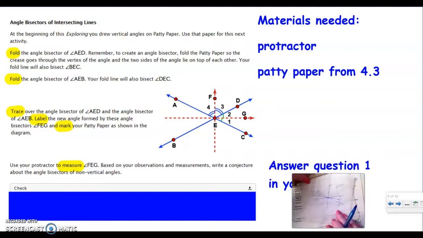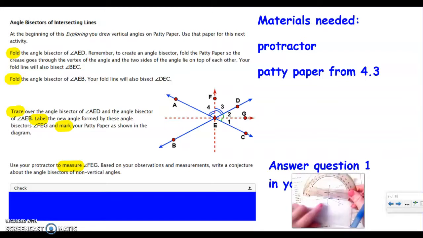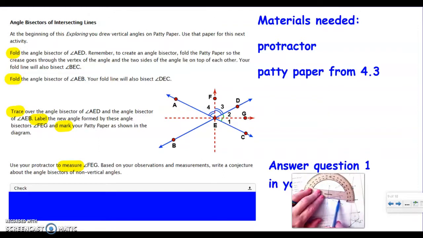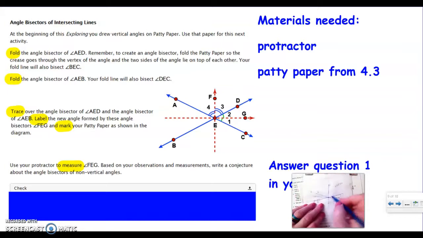Okay, so remember to use your protractor. You're going to line up with your vertex of the angle, which is E. I want one side of that to go through 0 on my protractor, so I've lined up against EG here. And I want to see where my other line goes through on the other side. And it looks like it goes right through 90 degrees. So it looks like FEG is a 90-degree angle, and I can mark that on my figure with that right angle symbol.